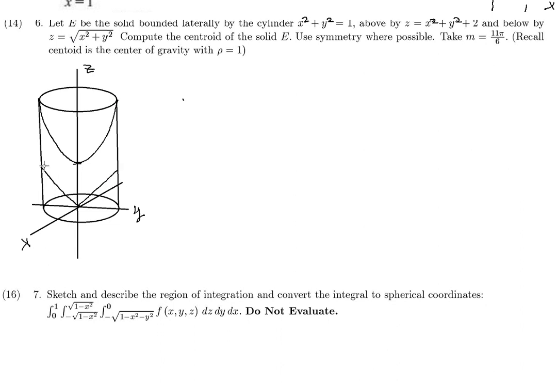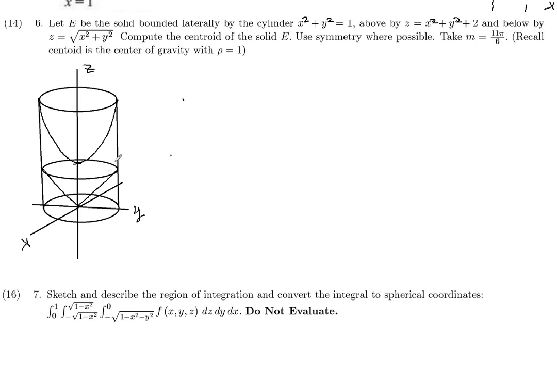And it's going to intersect that cylinder in a circle, like so. There we go. Okay, so our region E is inside this cone, but it's below this paraboloid, so it's in between those two.